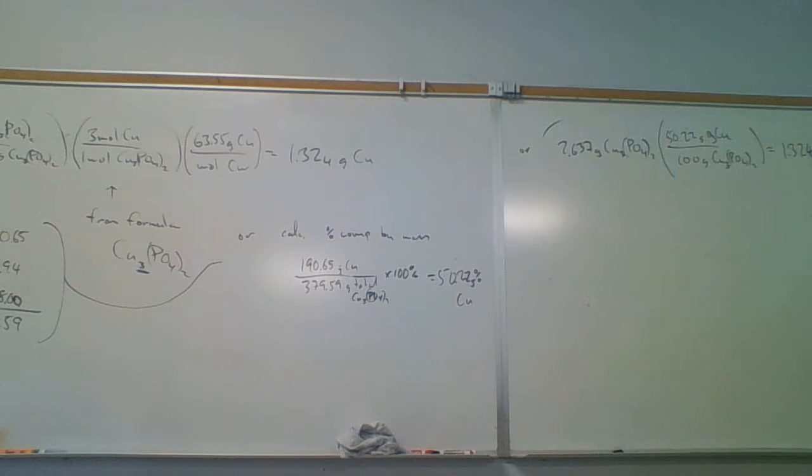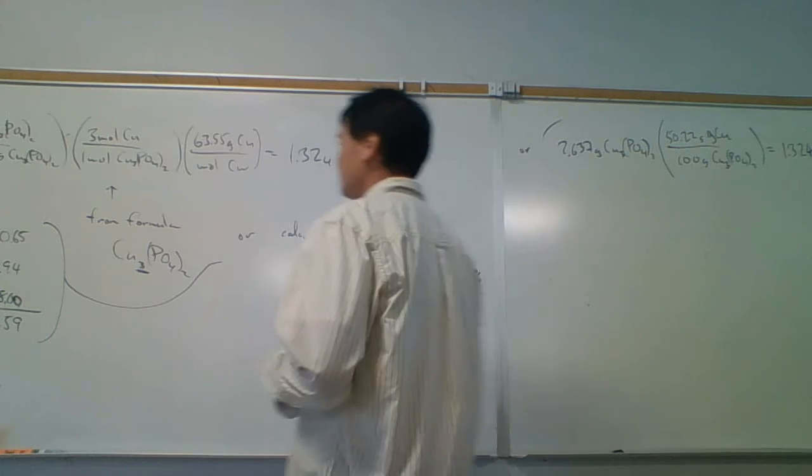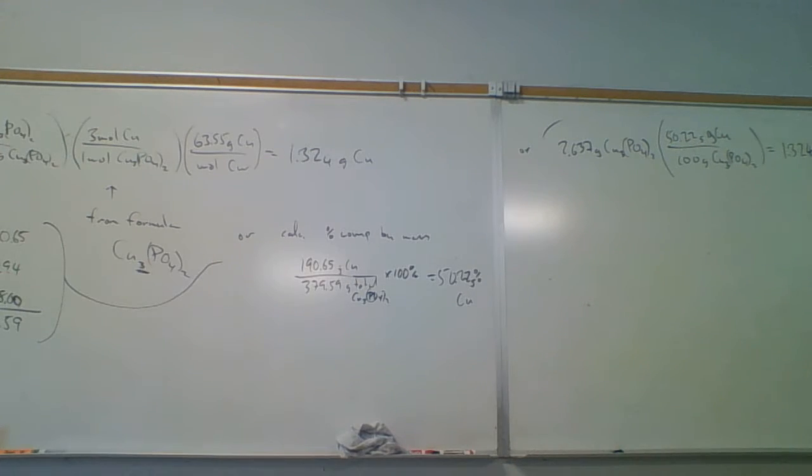Well, in a lot of chemicals, they will tell us the percent by mass composition, but unfortunately not for copper 2-phosphate. I should look. All right, then we go for the percent copper in our original. And so we've got to keep track of all these percentages.